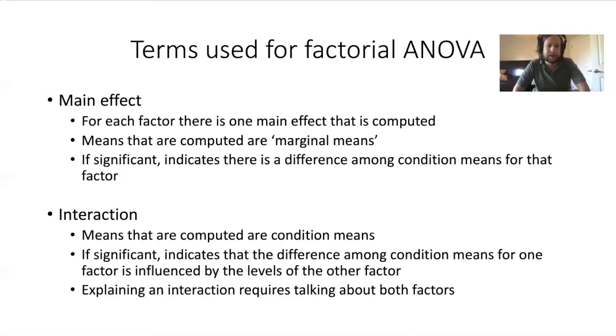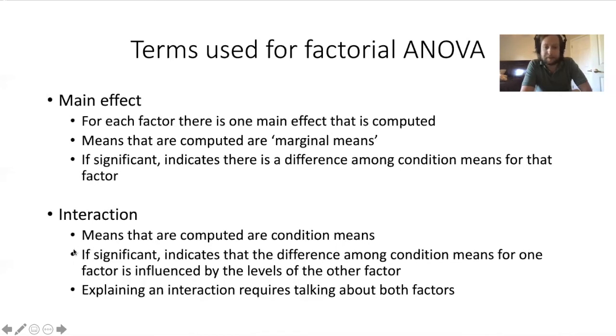An interaction is different than a main effect. When you're dealing with an interaction, you're comparing the means of all of the conditions simultaneously. And here is probably the main thing to know about the verbal definition of interaction. If it's significant, then it indicates that there's a difference among condition means for one factor, which is influenced by the levels of the other factor.